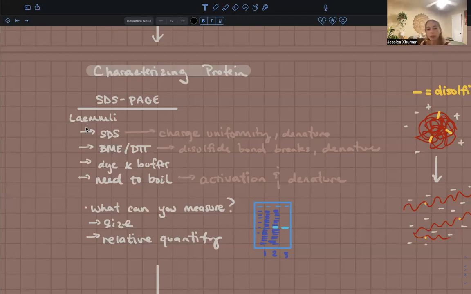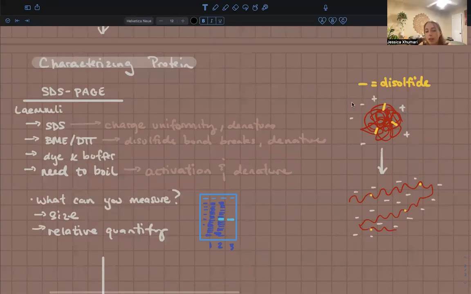Because proteins, because they're various amino acids, have different charges, like positive and negative charges, not necessarily uniform or a net negative, okay? So that's important to do because we want to drive this protein down. So if you notice over here, we have positive and negative charges, and we want all the charges to be negative here. We can do that with SDS.